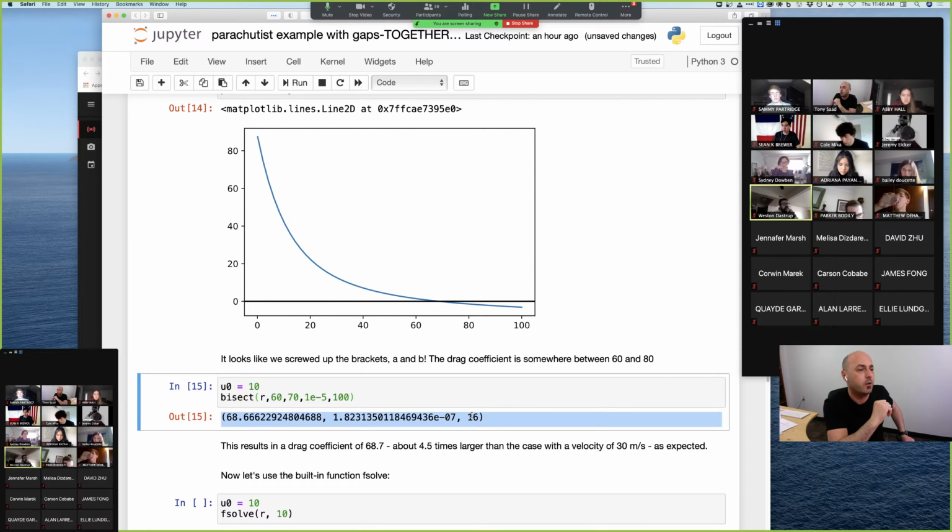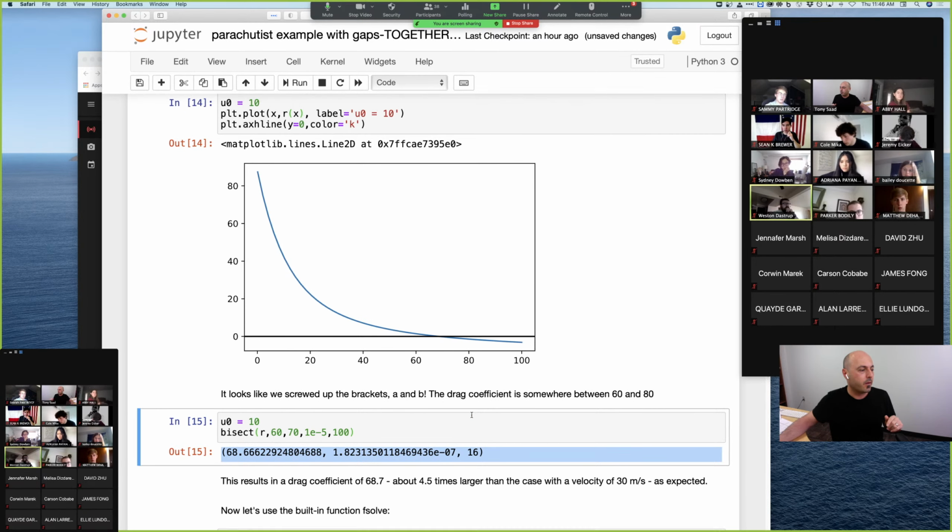Should it go up or go down? It's going to go up because we need to put more drag to slow down the parachutist all the way to 10 meters per second. So the result makes sense. 68 is larger than 15 in this case.